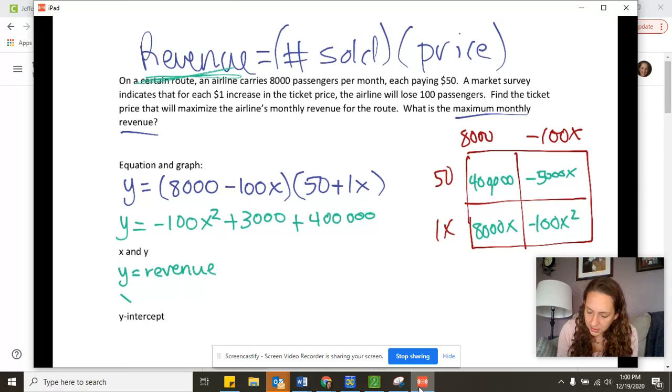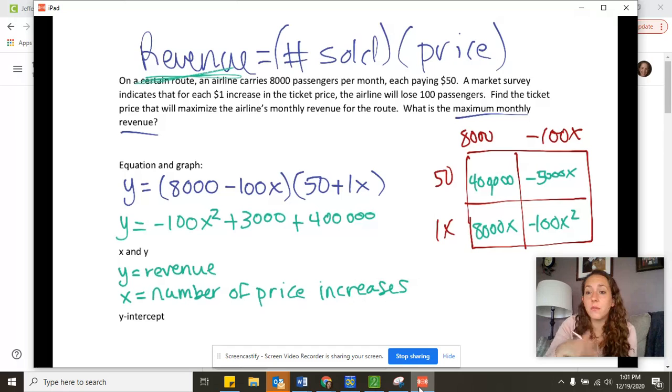For x, what we're multiplying by is like how many times we're increasing by $1. So x is, it might sound weird, but it is the number of price increases. Okay, so it's the number of times that we're going to increase the price by 1.